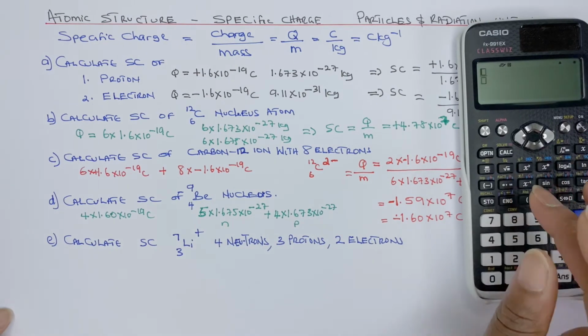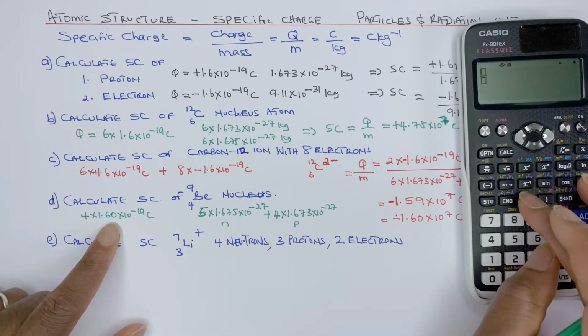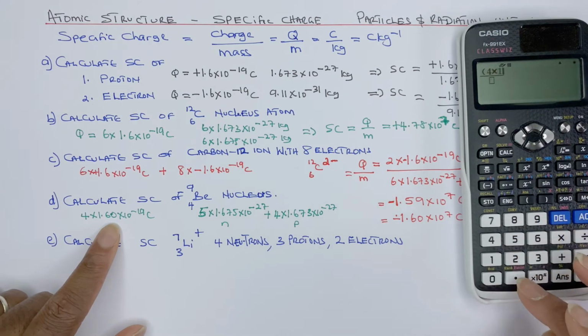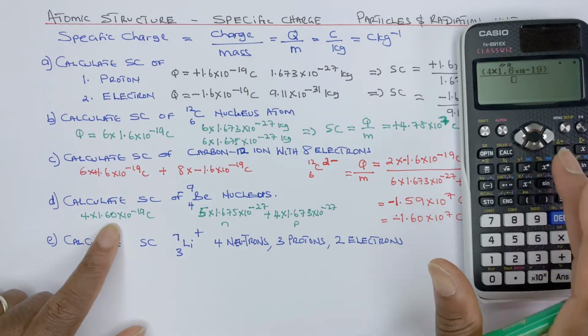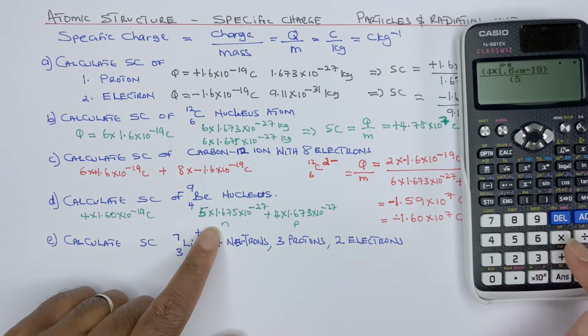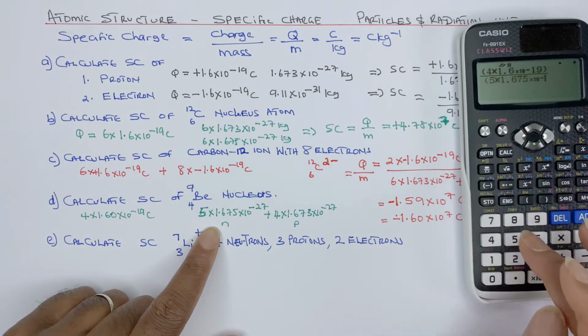Best is to use the fraction key, and you want the charge on top. You don't need open bracket, but 4 times 1.6 times 10 to the power minus 19, close bracket, arrow key down, open bracket. You want to do the mass now. 5 times 1.675 times 10 to the power minus 27.